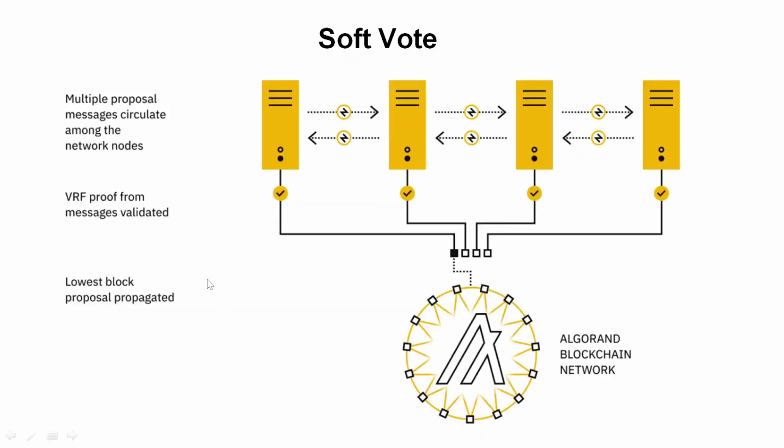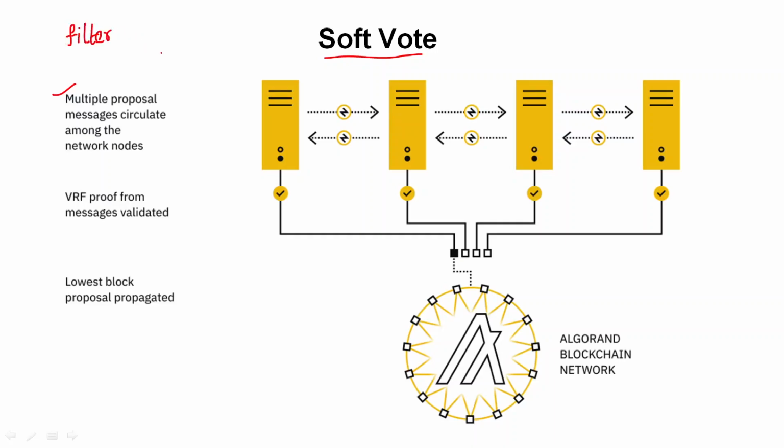Now consider the soft vote phase, where multiple proposal messages are circulated among the network nodes. The main purpose of this phase is to perform a filter operation. So what is it going to filter? First understand here.